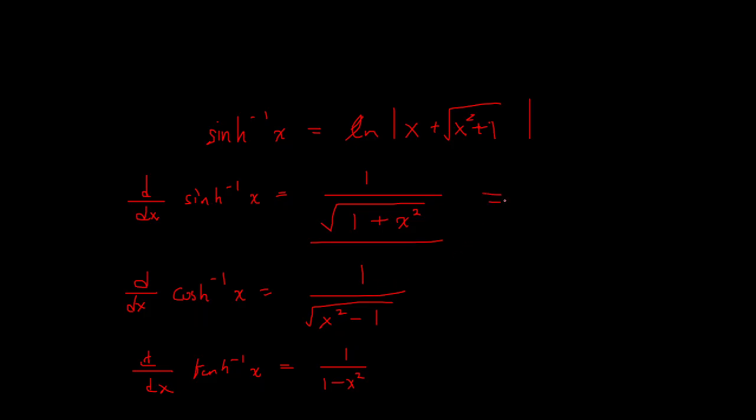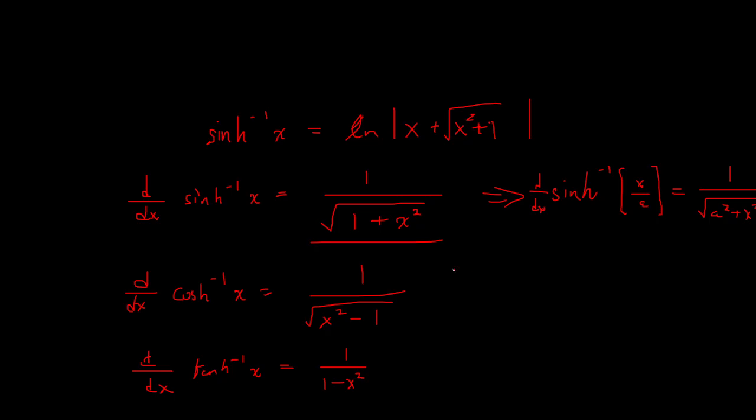Now if I wanted more detail, I would prefer sinh inverse of x over a. If you differentiate this, based on the formula booklet, you'd get 1 over root a squared plus x squared.